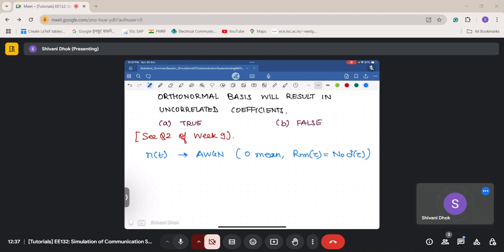Let phi_n(t) for n equal to 1 to capital N be a set of orthonormal basis.